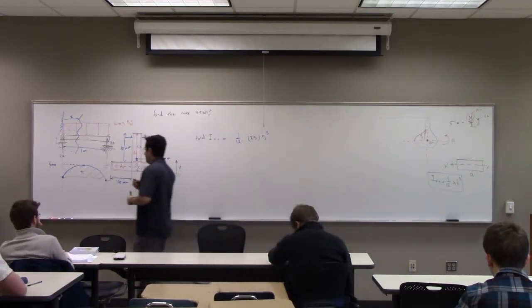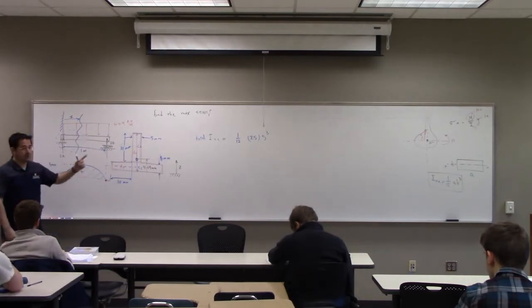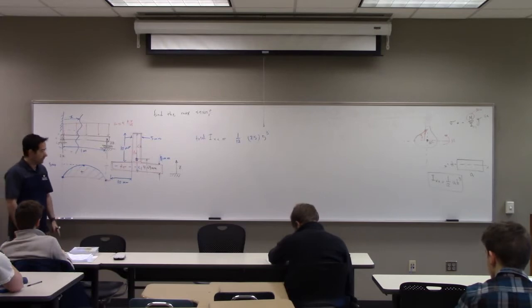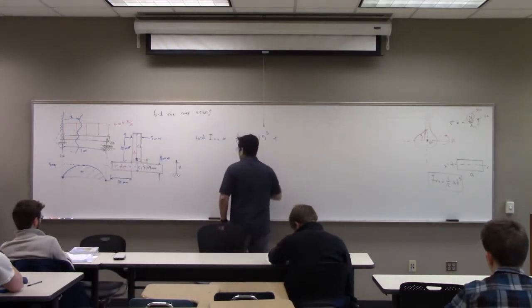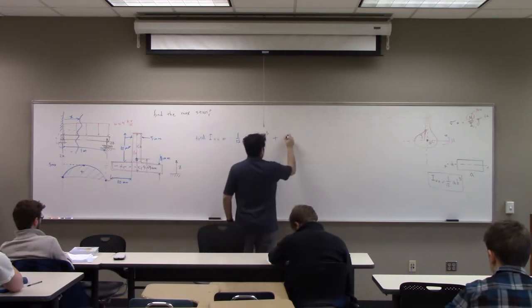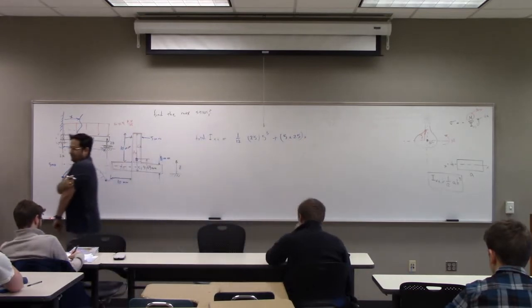The parallel axis theorem says the transferred moment is equal to the local moment plus area times distance squared. So you say this one plus the area, 5 times 25, times distance squared. Now what is that distance?